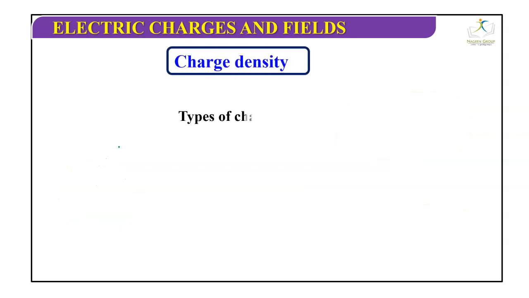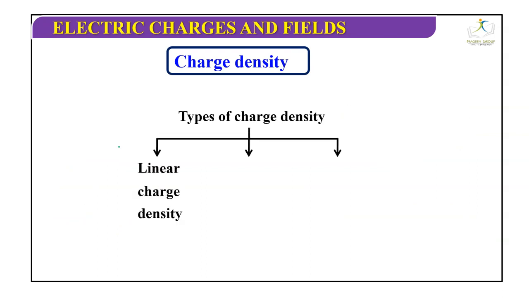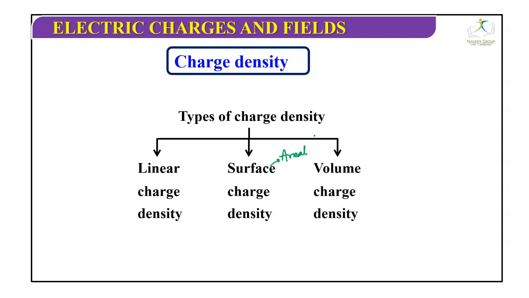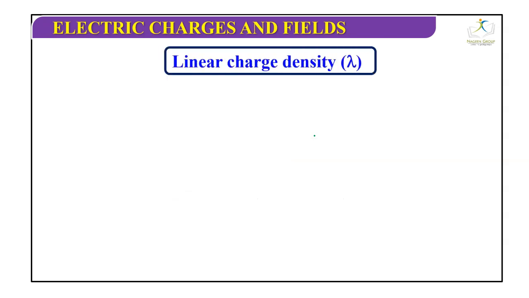We basically have three types of charge density: linear charge density, surface charge density, which we also call areal charge density, in some books you will get it like this, and volume charge density. So one by one we will see all the parts.